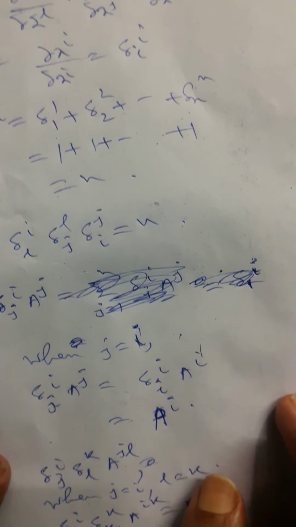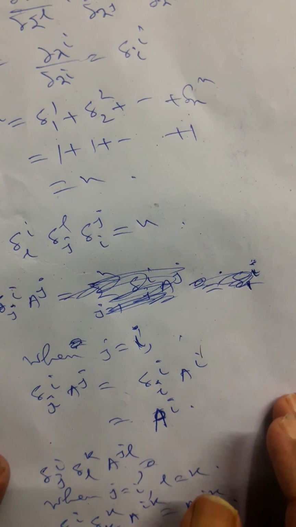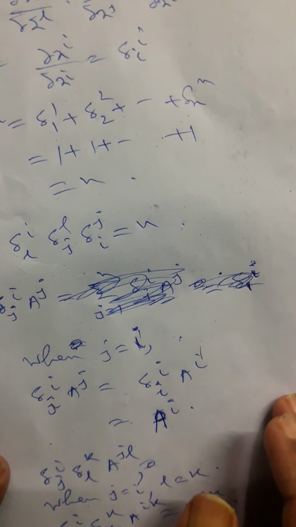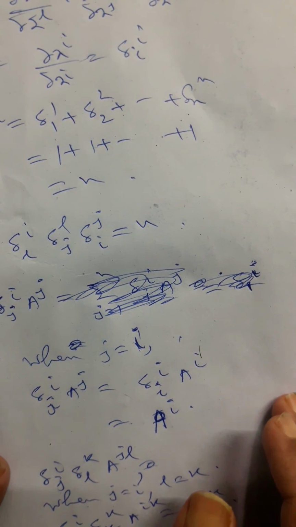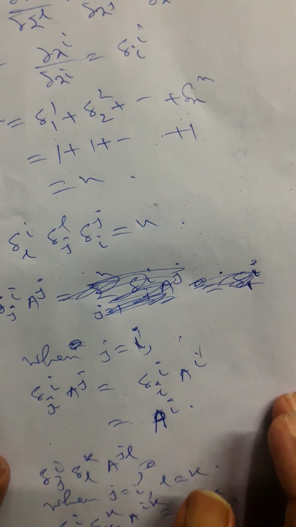Now we have some idea how to use the Kronecker delta and summation conventions, and we are already familiar with this type of system in tensor calculus. Thank you.